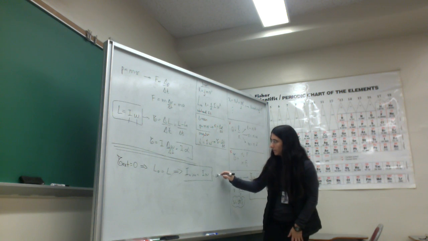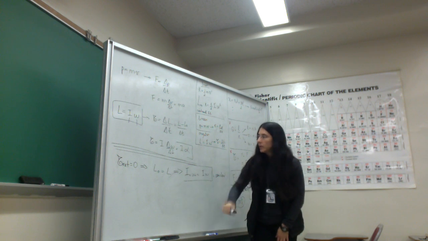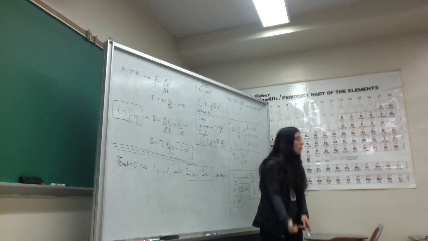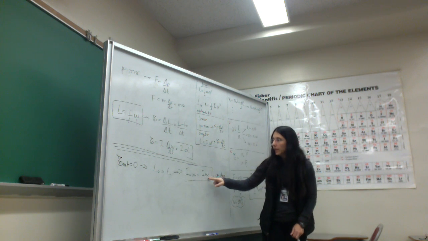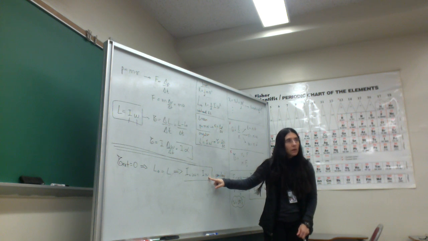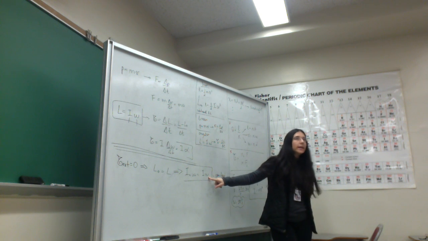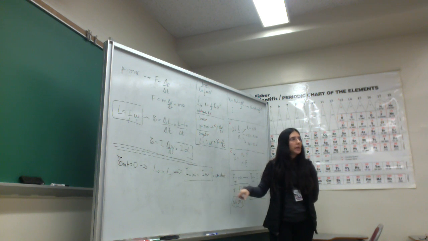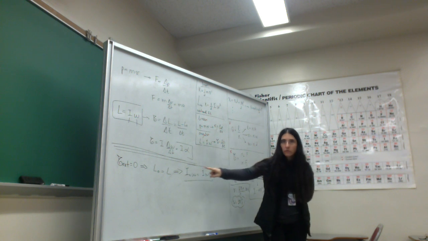It's not changing. So if the angular momentum is not changing, the net torque is 0. One possibility is if the angular velocity is not changing. Is there any other possibility that you see by looking at this equation?